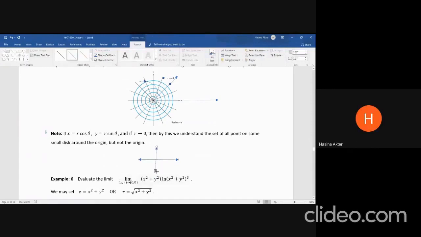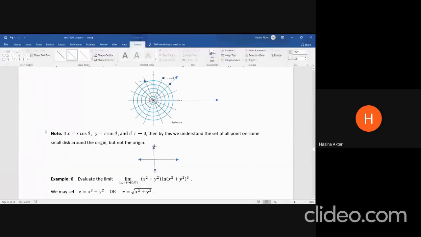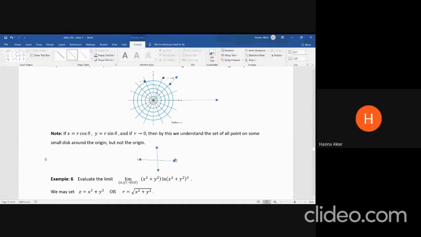The vertical line is not that good, but I'm not getting it better. This is the y-axis, so this should be the x-axis.